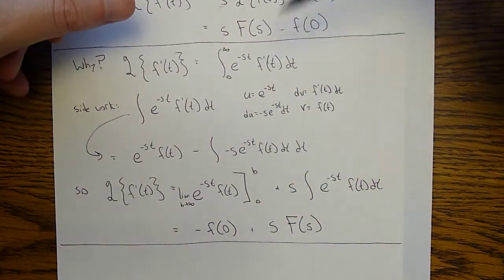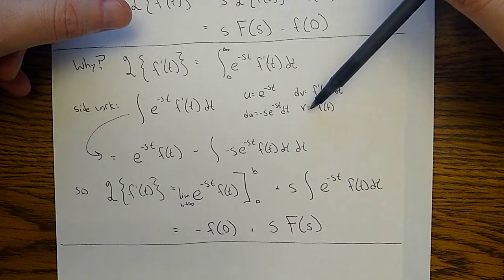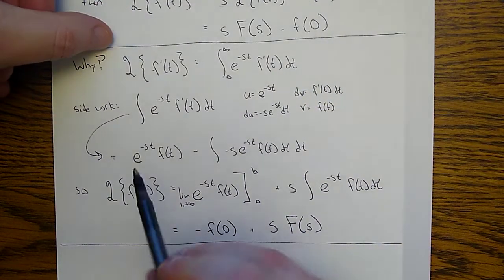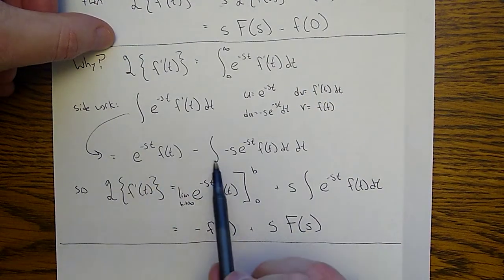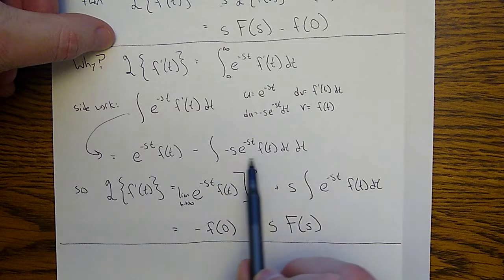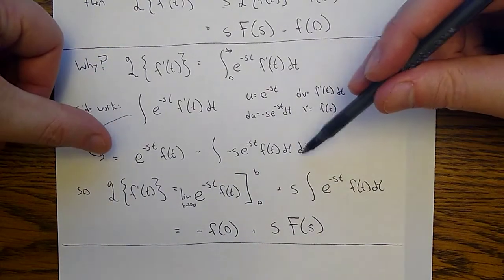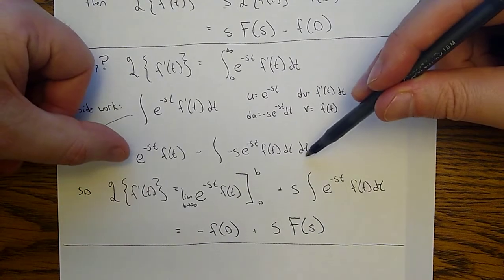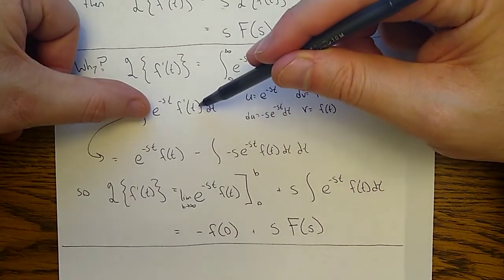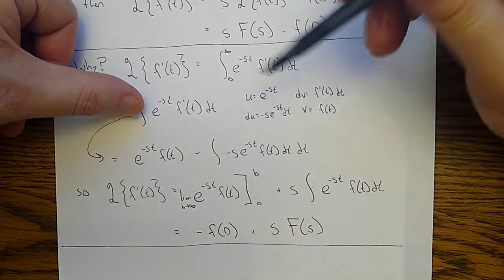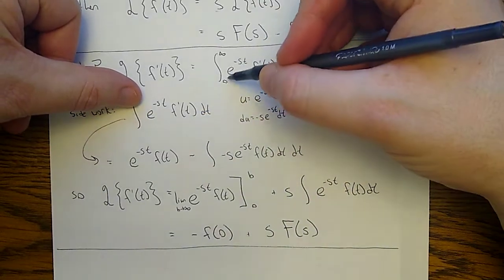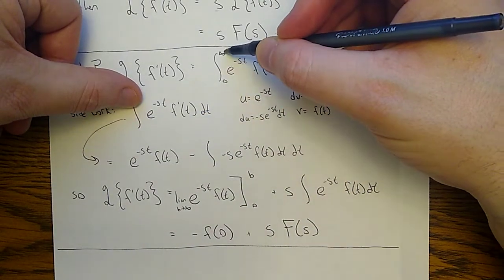And so I do integration by parts. I get uv minus the integral of v du. So here's uv, and here's the integral of v du. Of course, this is just another way of writing this antiderivative. To do the Laplace transform, I'm supposed to do that integral from 0 to infinity.